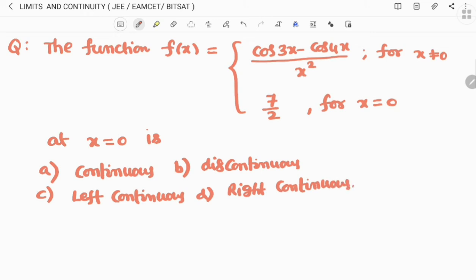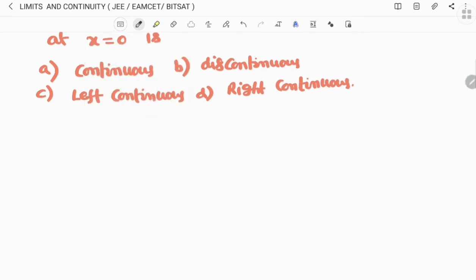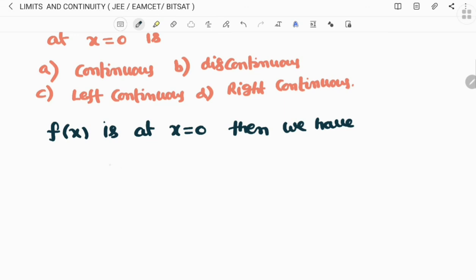See, we will check f of x at x equal to 0, then we have limit x tends to 0 of f of x equal to f of 0.